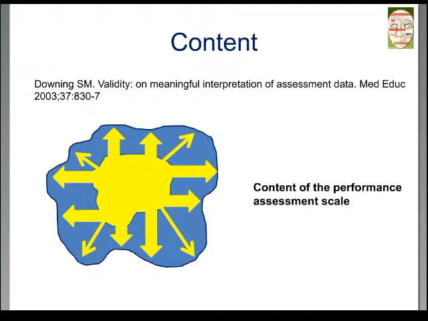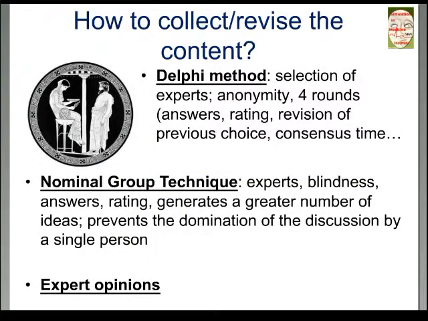Then there is an obligation to determine and pick up significant items, the most representative, of the procedure. How is it possible and advisable to collect and revise the content of a scale?